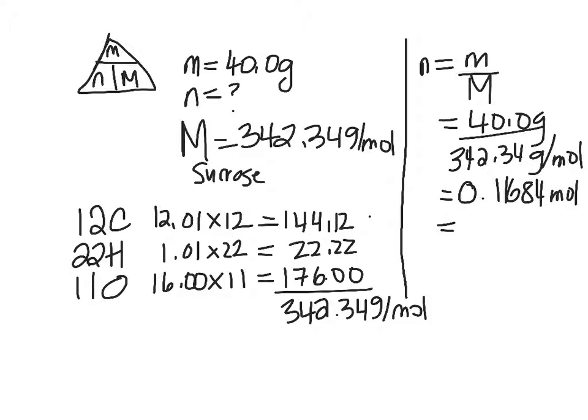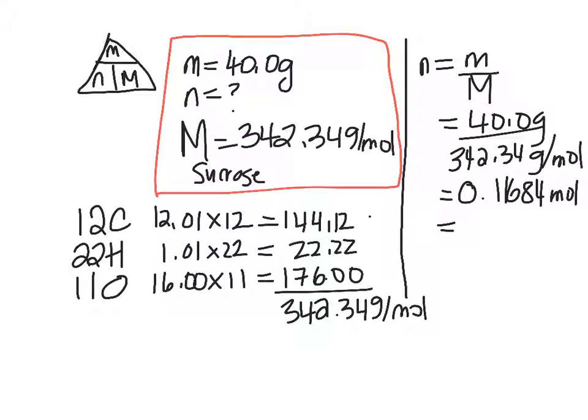How many significant digits can we have in our final answer? Always look at your initial data first. 3, correct. So 0.117 mole. So that's how many moles of sucrose there are in our can of cola.